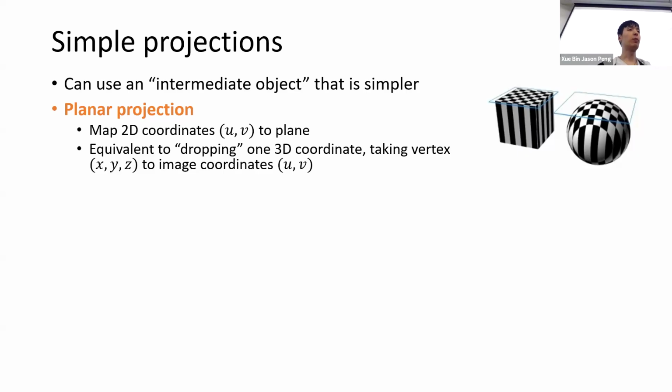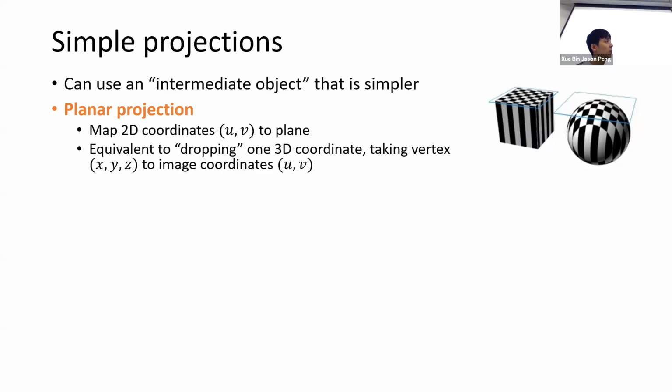Okay. So this planar projection method is a very simple way of mapping 3D points onto a 2D plane. And it can work well for some shapes, but it can also lead to some visually jarring artifacts. So for this cube and this sphere, if we look at the texture pattern on the top of these objects, they look fairly reasonable.